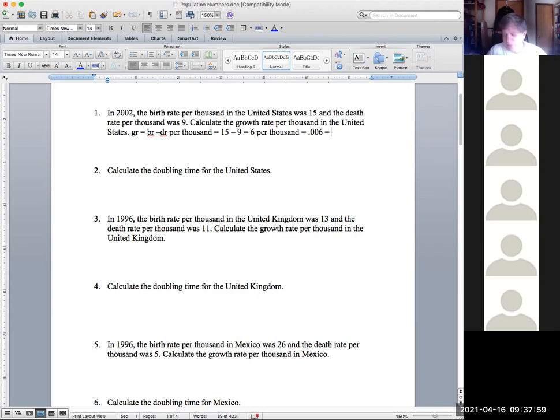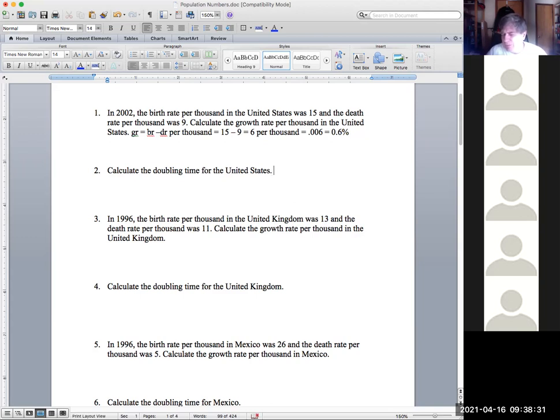So when we're talking out of 1,000, this is really 0.6%. If it was 0.01, that would be 1%. Think back to some of our discussions of frequency earlier in the semester. So we could express this in any of these ways. This would be fine.